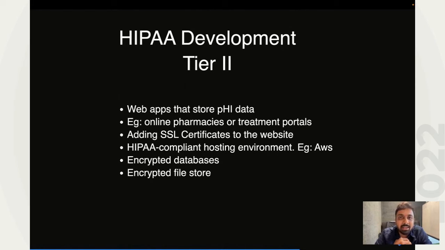If there are media files like images, videos or medical history files, those have to be encrypted using a file store. AWS has a lot of good services which are HIPAA compliant by default. For example, in an S3 bucket, you can enable the encryption protocol, which will make sure that all the files uploaded onto the S3 bucket are encrypted by default and also when shared over the network.